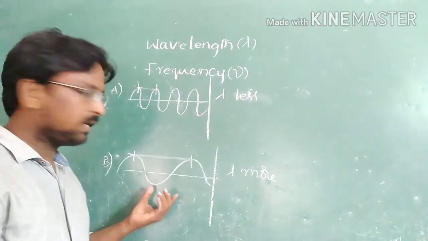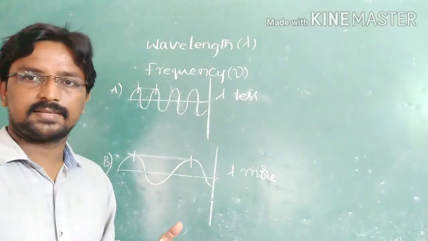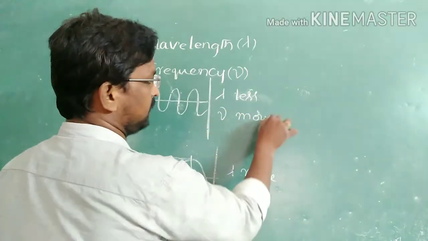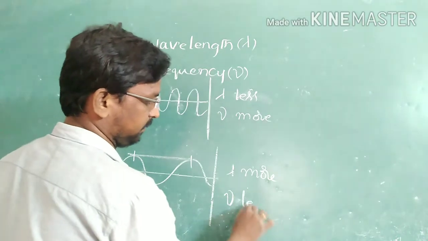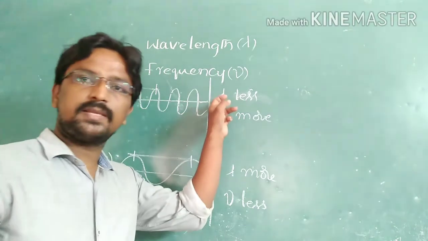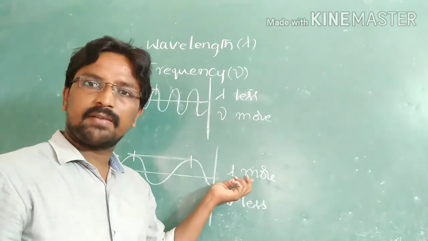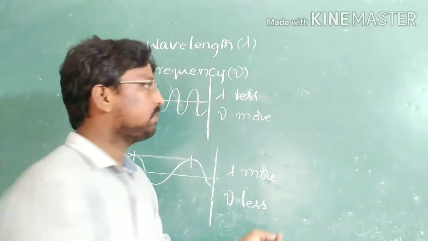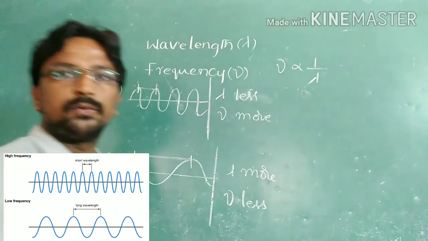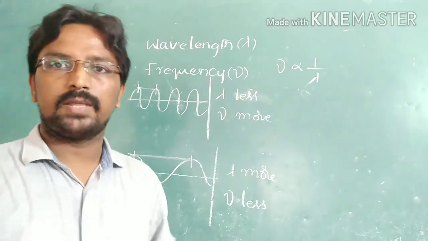Due to the longer wavelength, the number of waves passing through this reference point decreases. So when the wavelength is shorter, the frequency is more; when the wavelength is longer, the frequency is less. That's why we can say that nu is inversely proportional to 1 by lambda. That means frequency is inversely proportional to wavelength, right?